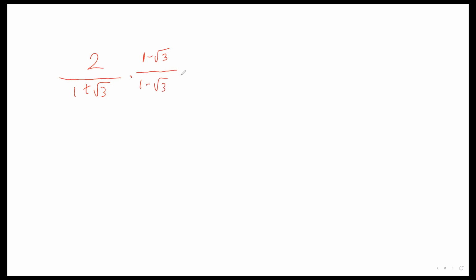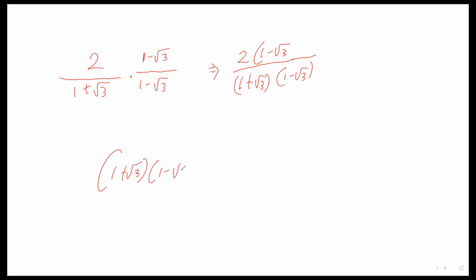We can multiply the numerator, which would give us 2 times 1 plus root 3, and at the bottom you'd have 1 plus root 3 times 1 minus root 3. Now, if you look here, you can see that this is a difference of two squares, but just in case, we could expand it. 1 times 1 is 1. 1 times minus root 3 is minus root 3.